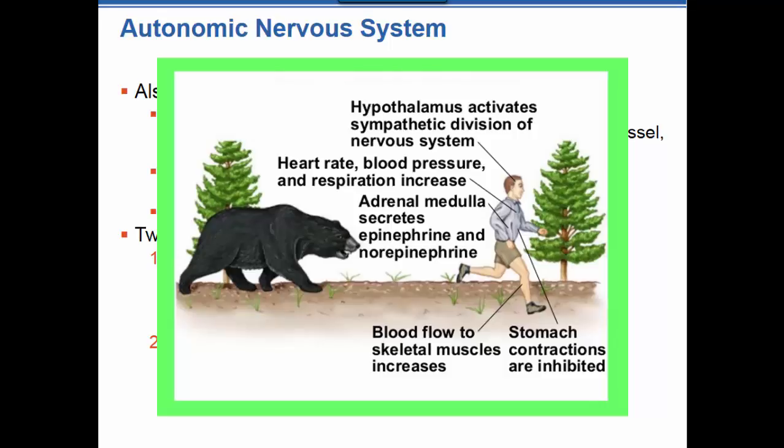The sympathetic nervous system will also stimulate the adrenal glands to secrete epinephrine and norepinephrine, which we also know as the hormone adrenaline, which is also going to increase the heart rate and increase the respiratory rate and increase our blood pressure. Blood flow to the skeletal muscles is increased, so those muscles can be used to run away from the threat. But stomach contractions and the digestive system is inhibited here.